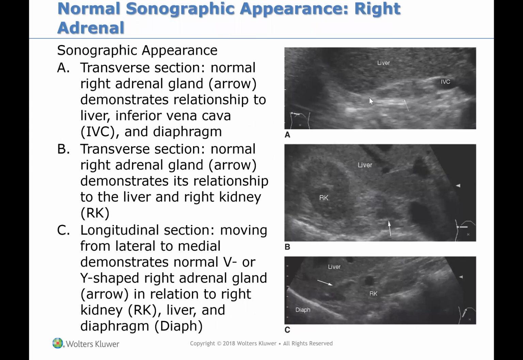Okay, so here is one of the adrenal glands next to the IVC, with the arrow in picture A. And in B, you can see it in a transverse section. It's going to be medial and superior to the right kidney. In long, you're going to see it superior to the right kidney here.